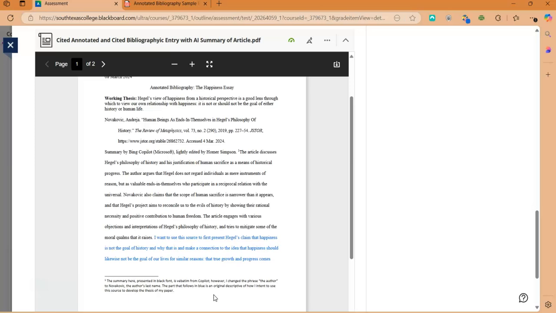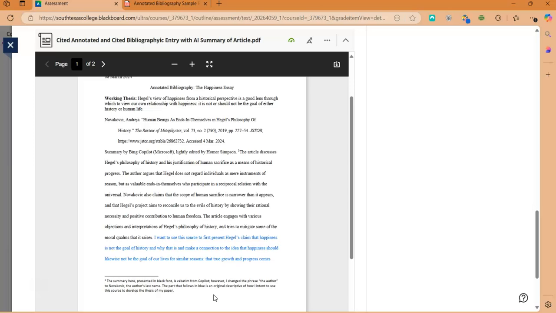Novakovic also claims that the scope of human sacrifice is narrower than it appears, and that Hegel's project aims to reconcile us to the evils of history by showcasing their rational necessity and a positive contribution to human freedom. The article engages with various objections to interpretations of Hegel's philosophy of history and tries to mitigate some of the moral qualms that raises.